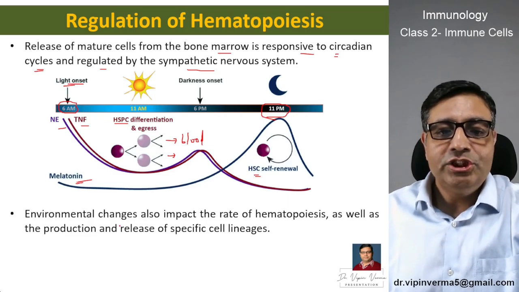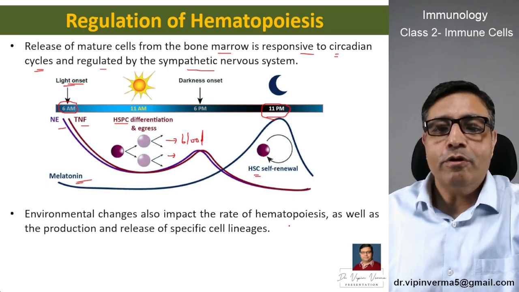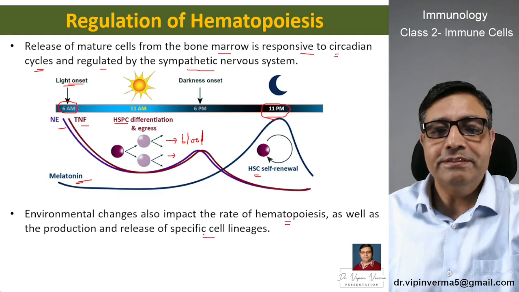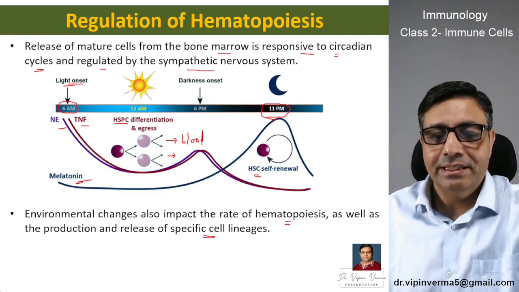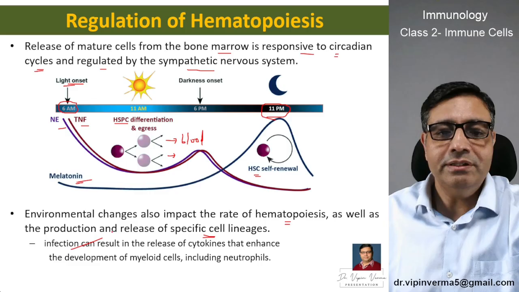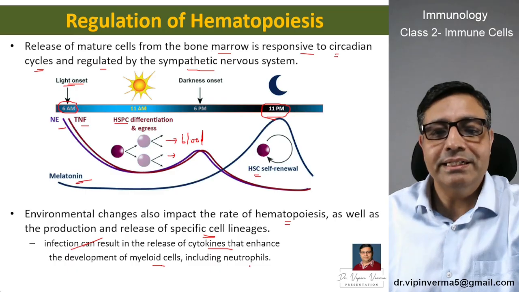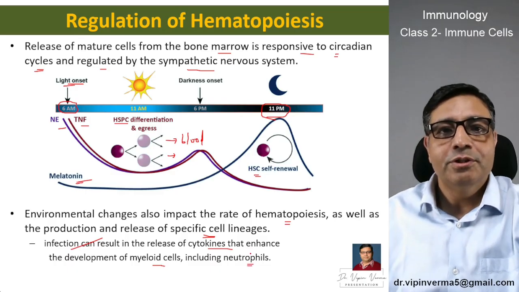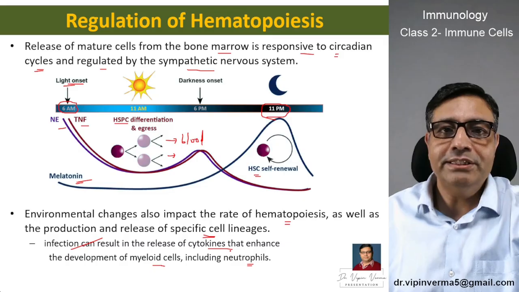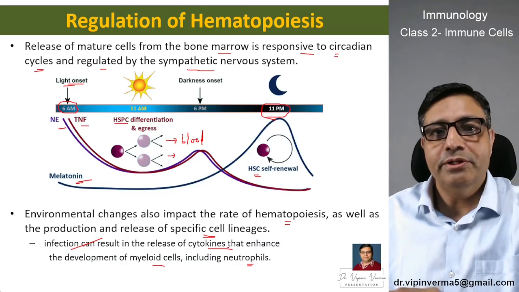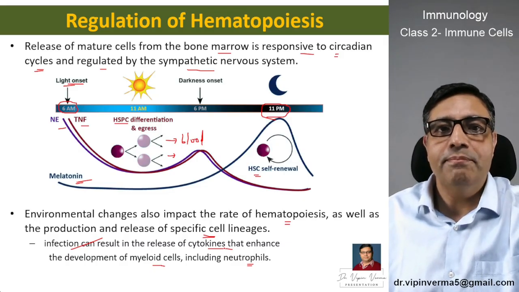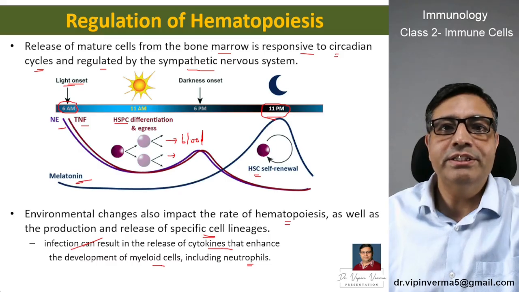Then the environmental changes also impact the rate of hematopoiesis as well as the production and release of specific cell lineages. Now, when there is an infection, it can result in the release of cytokines that enhance the development of myeloid cells, including the neutrophils. So if there is an infection, we need neutrophils, and there will be upregulation.